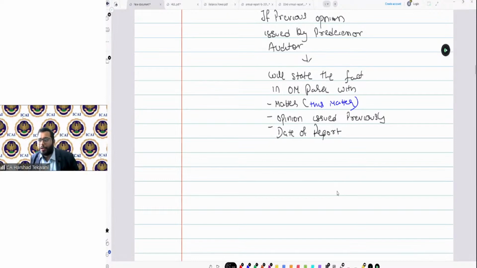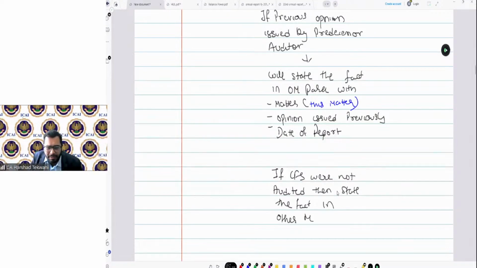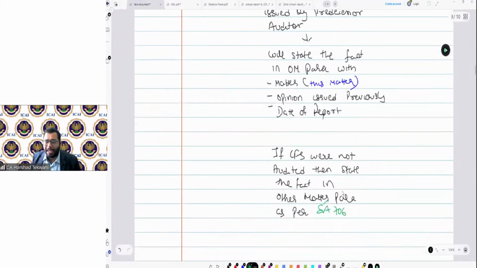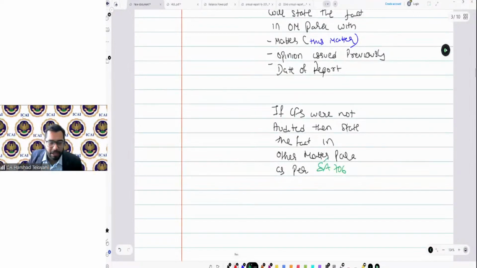So only I am required to state the matter in my other matter paragraph. If comparative financial statement were not audited, then state the fact in other matter para as per SA 706. That does not mean that my responsibility is reduced.